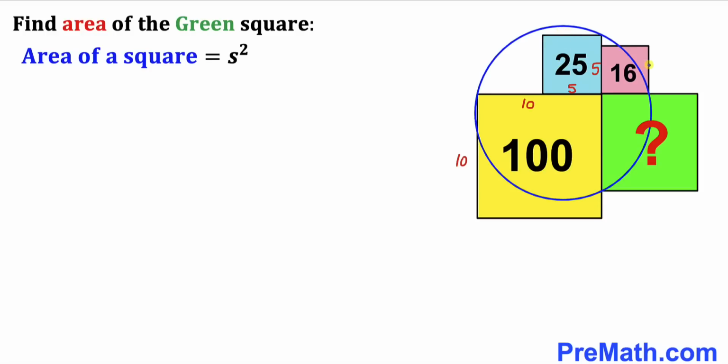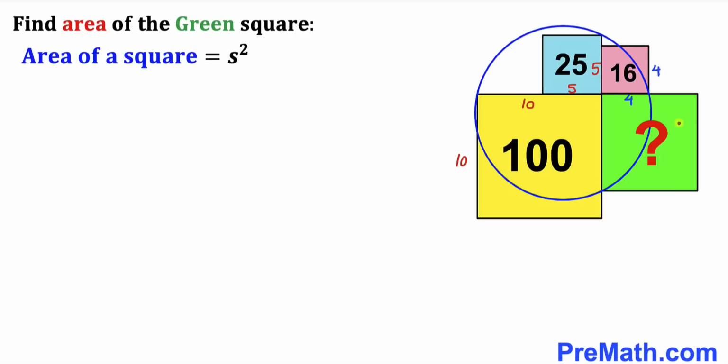And now let's focus on this pink square. Its area is 16. So 16 is 4 squared. Therefore, this side length is going to be 4 and this side length is going to be 4. Likewise, all these sides are going to be 4 units as well.